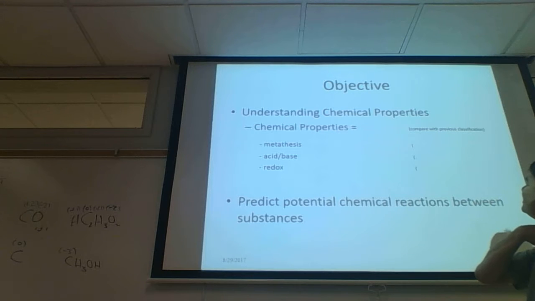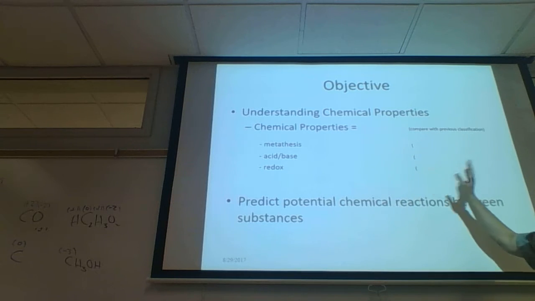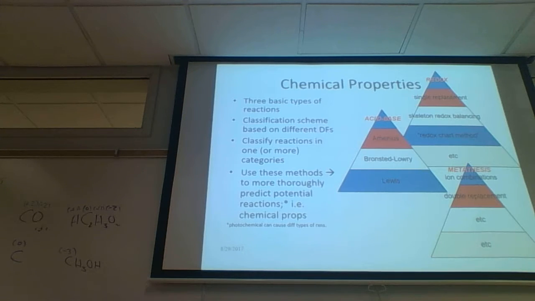Actually, this slide is putting the subcategories in there, but I'm not going to skip this slide. This is what the subcategories are. And so all metathesis reactions are going to share a common feature.